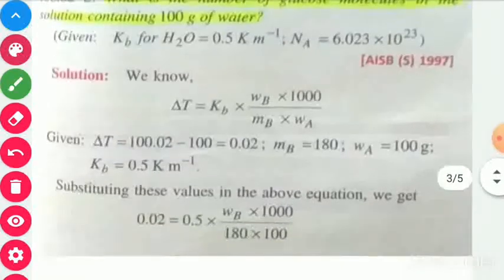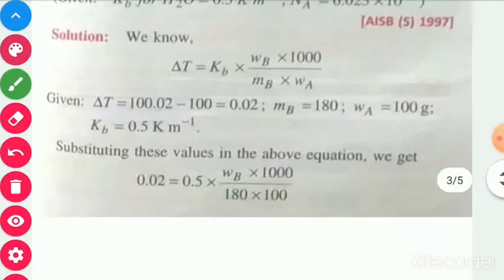Substituting the values: elevation in boiling point 0.02 degrees Celsius, Kb 0.5, Wb we have to find, into 1000 upon Mb, the molar mass of solute. Solute is glucose, therefore the molar mass of glucose is 180, into the mass of solvent, that is 100 gram.